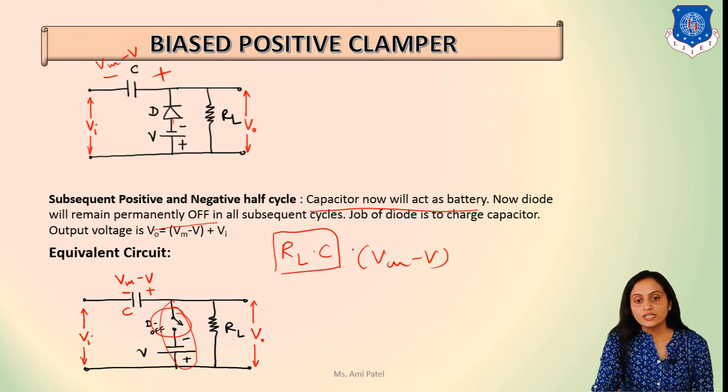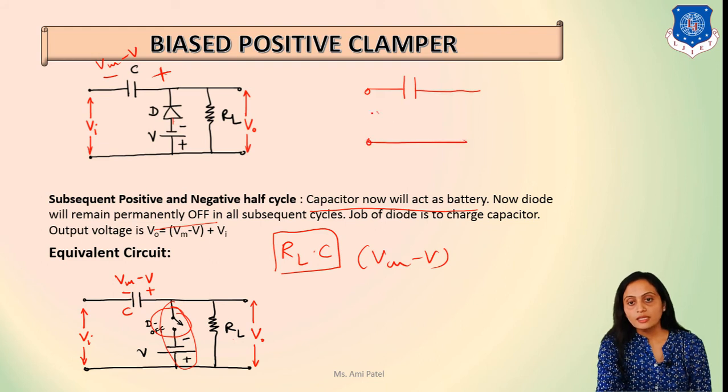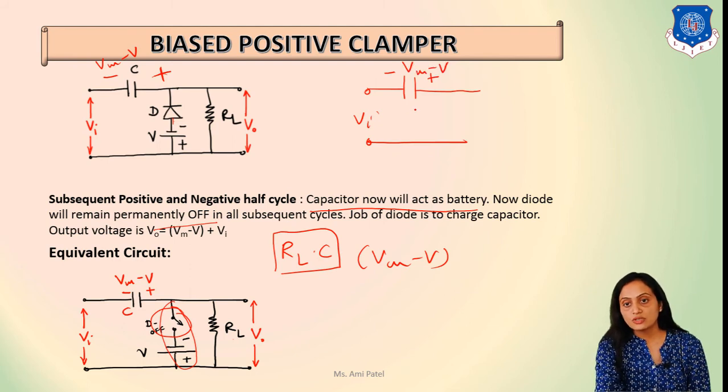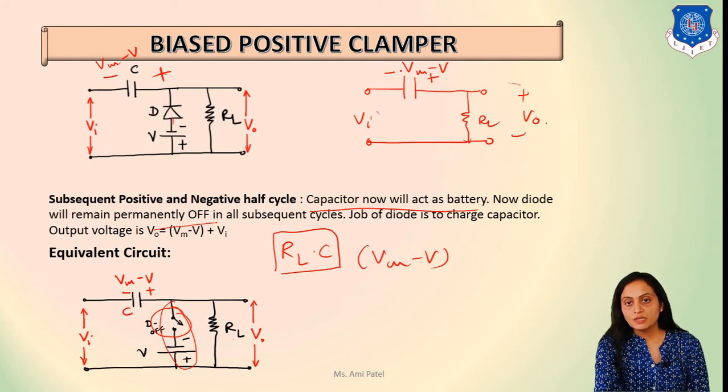So for the output voltage, I am drawing this circuit again. I am not putting this battery part because the diode is an open circuit, and this is Vi, this is minus, this is plus, and this is Vm minus V, that is the charge on the capacitor plates, and here we have RL, and across RL we are taking this voltage. So the output voltage is connected like this. This is plus minus plus Vi.